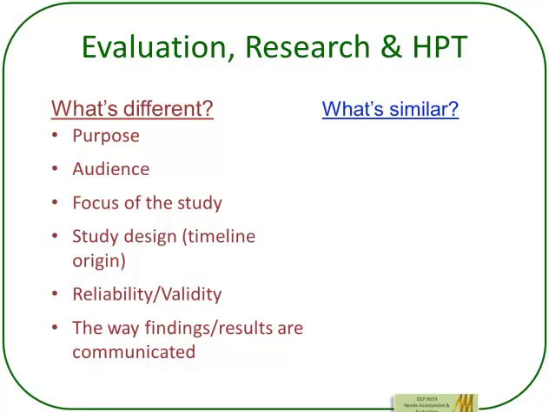With research, often we're trying to gather information that we can then generalize and extrapolate to other situations. With evaluation and with human performance technology, we are looking at a particular situation, and we are not attempting to generalize or extrapolate this information beyond this exact situation at this exact time in this exact organization. So reliability and validity are important, but not to the degree that they are in a research project.